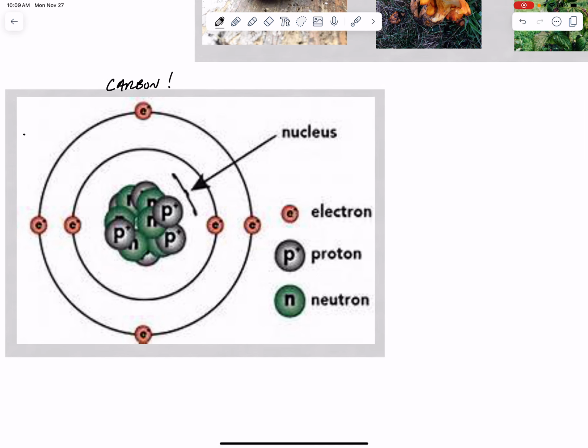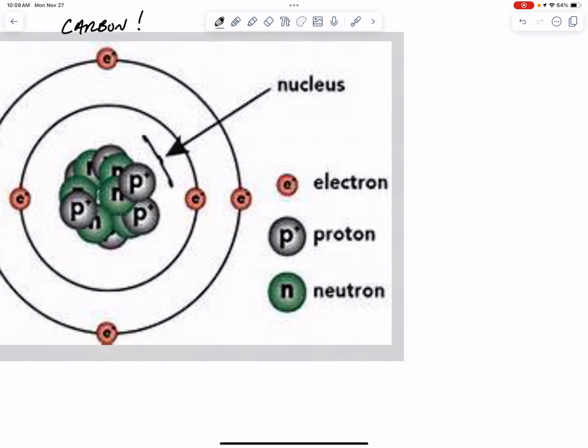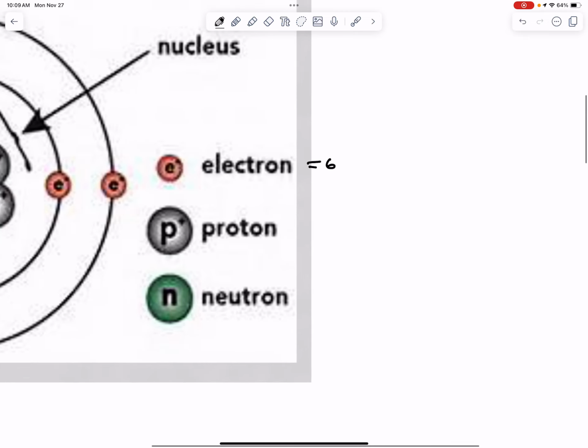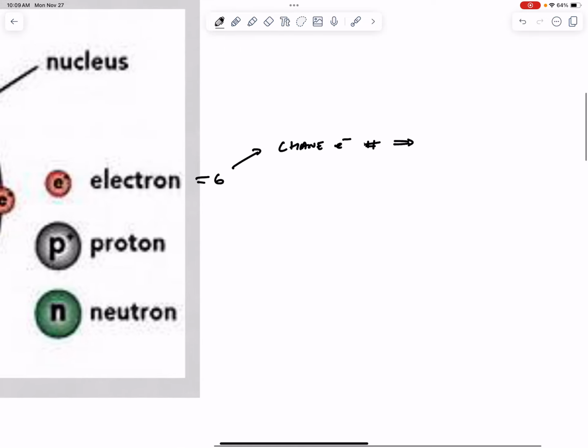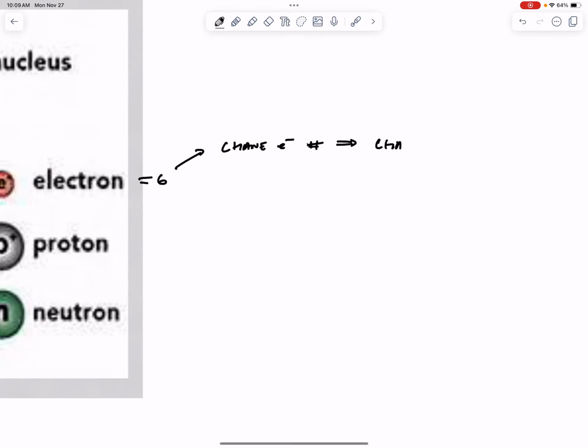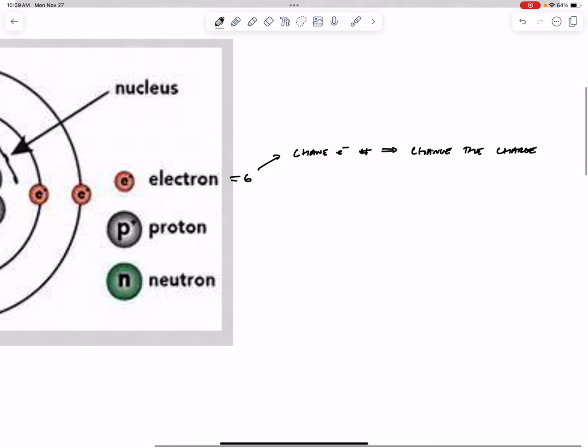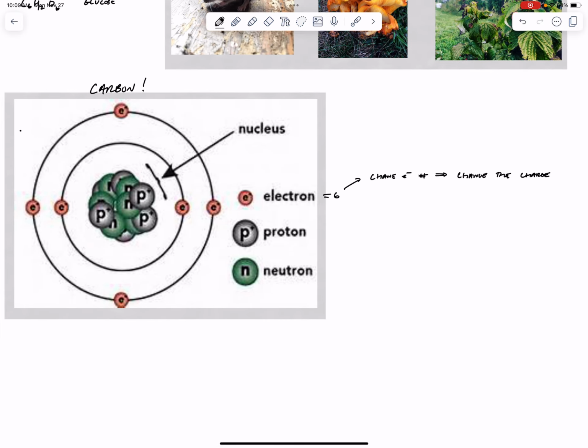When it is uncharged, it is composed of 6 electrons. You know that if you change the electron number, you are going to change the charge. And this is true not just of carbon, but of any atom.